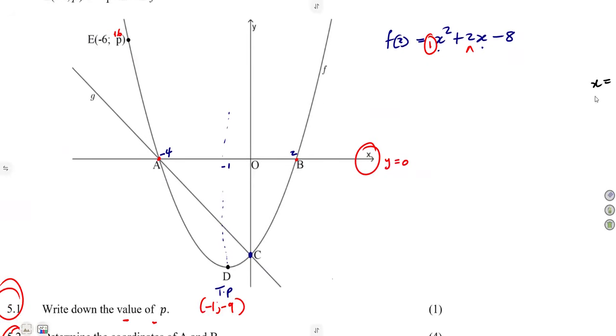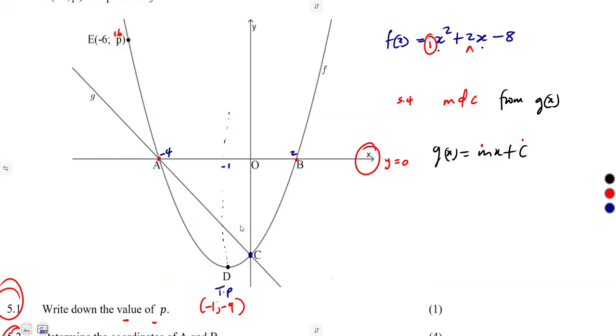So on 5.4, to determine the values of m and c, we take them from our g(x), which is given as mx plus c. M is the gradient and c is the y-intercept.